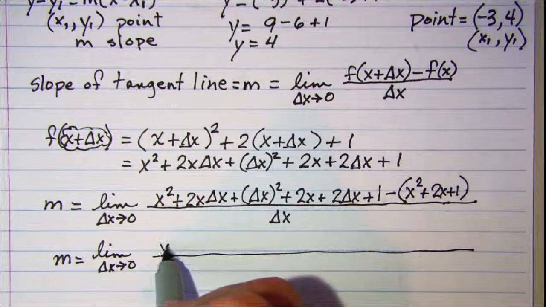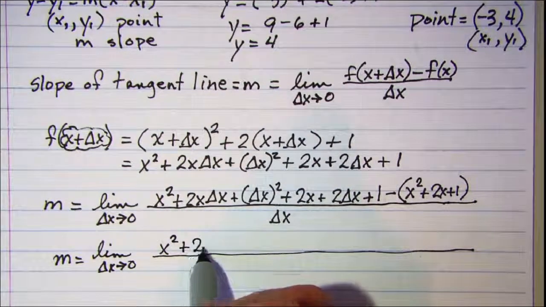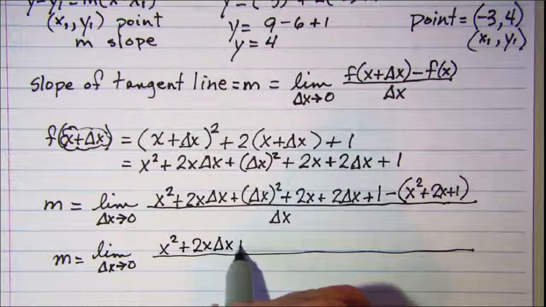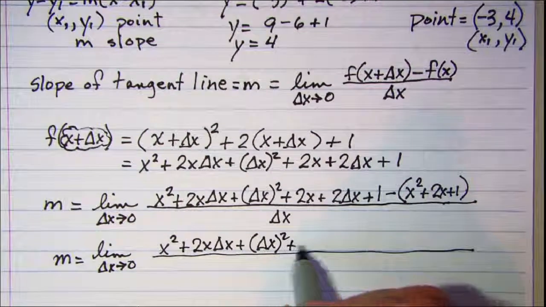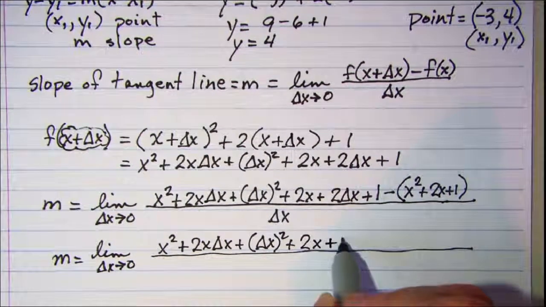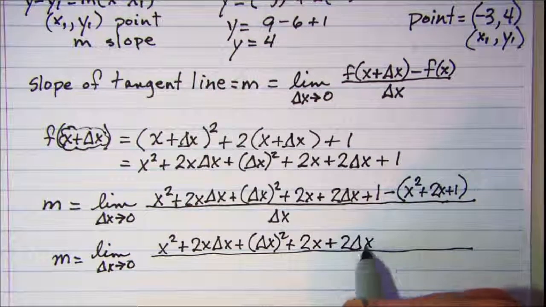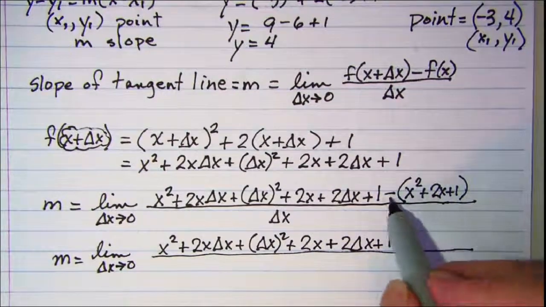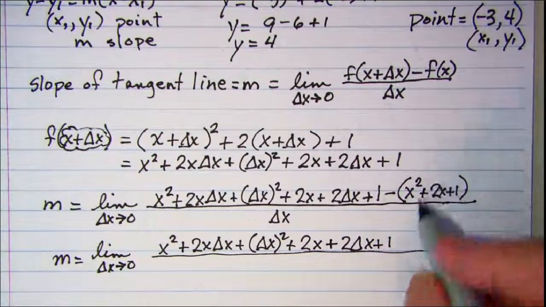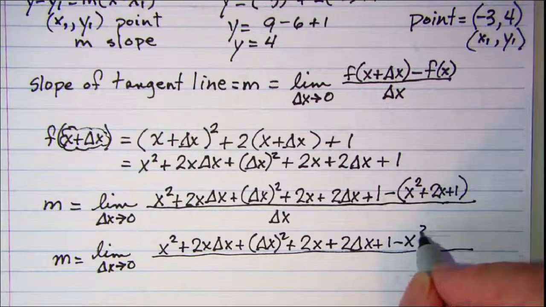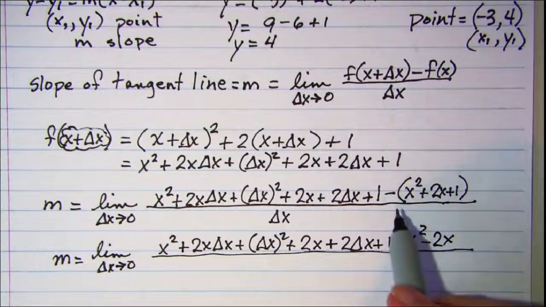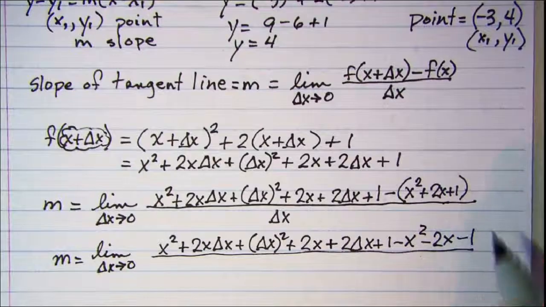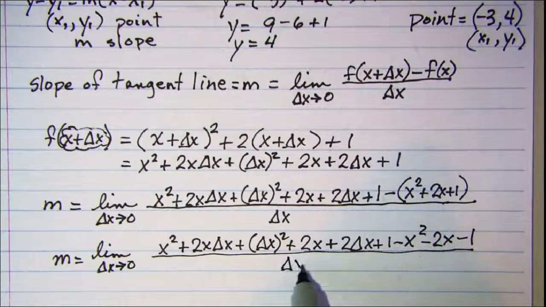I'll just copy this first part of it. And then distributing the negative, I get a negative x squared and a negative 2x and a negative 1. And that's all divided by delta x.